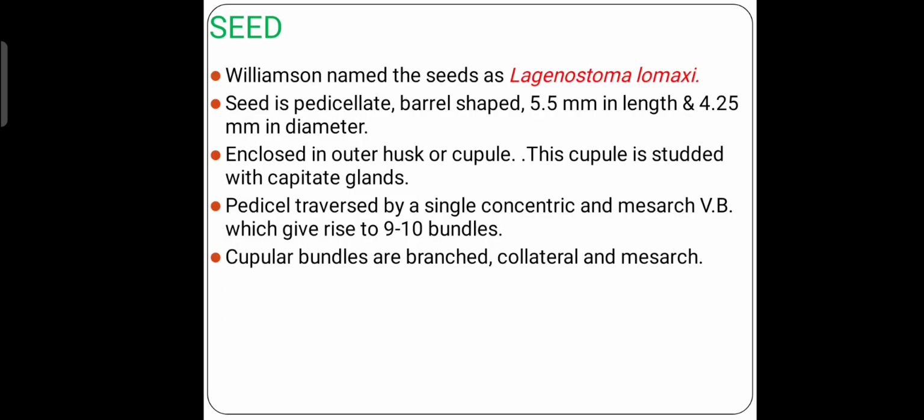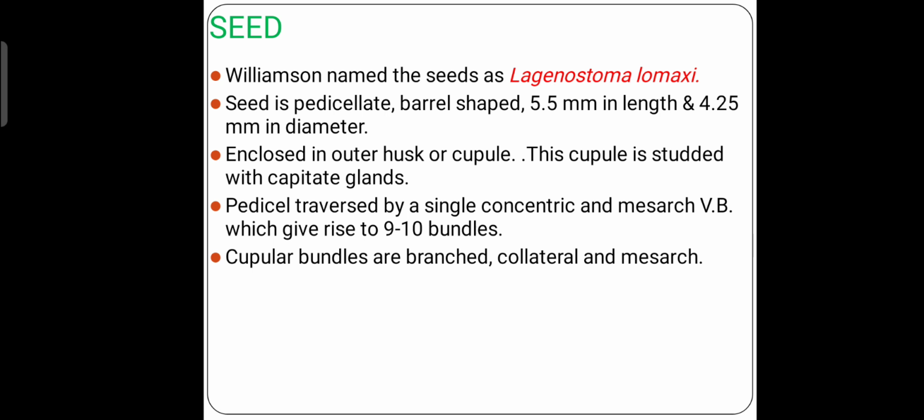Then seed. Williamson named the seeds as Lagenostoma lomaxi. Seed is pedicellate, that is, it has a pedicel. It is barrel shaped, and in size it is about 5.5 mm in length and 4.25 mm in diameter. It is enclosed in an outer husk or cupule. This cupule is studded with capitate glands, that is, it has some bead-like capitate glands.